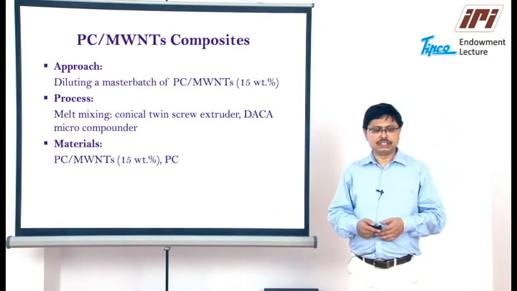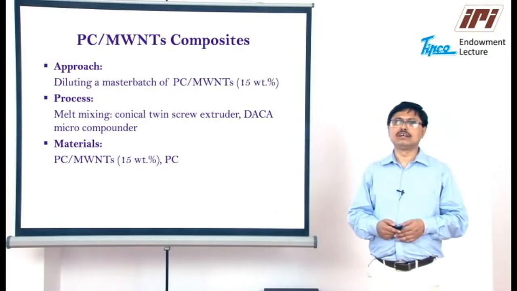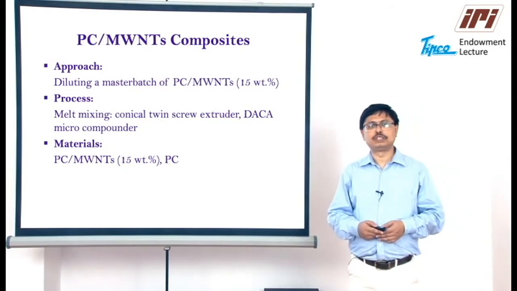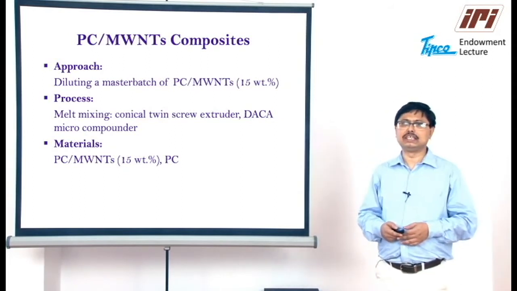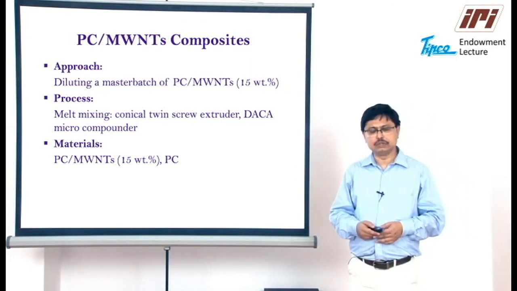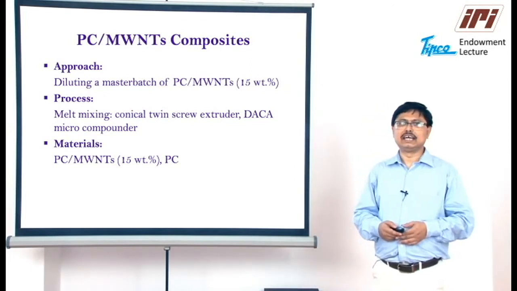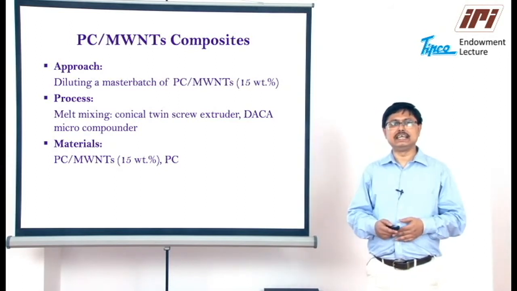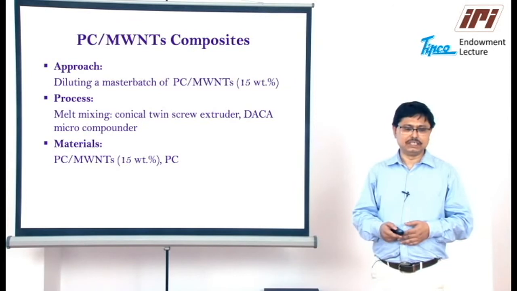This is one of the works that has been carried out in Dr. Petra Pötschke's lab, started from 2001, 2002, where this dilution of master batch was utilized as a technique to prepare the composite material.